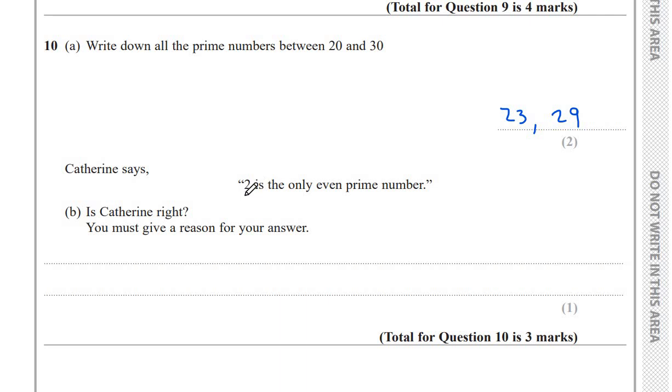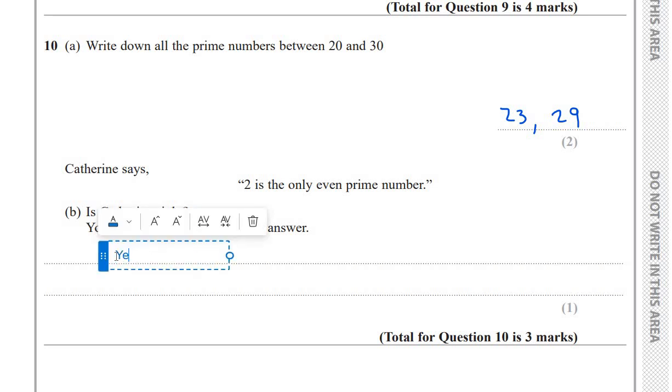So it is obviously correct that 2 is the only prime number that is even. So you could say yes, 2 is a factor of all other even numbers. That should be good enough.